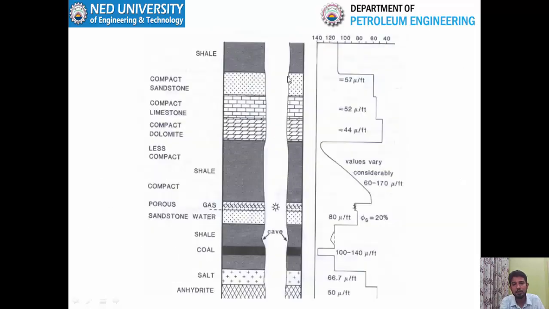These are the common responses of transit time against the common lithologies. Against shale, you will have around 100 microsecond per foot transit time, relatively higher values. Against compact sandstone, compact limestone and compact dolomite, you will have lower transit time values, which indicates that in hard formations the travel time will be low.